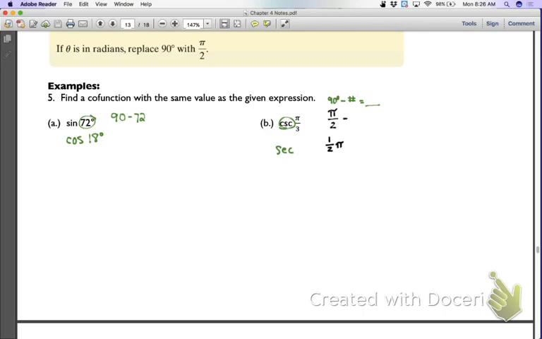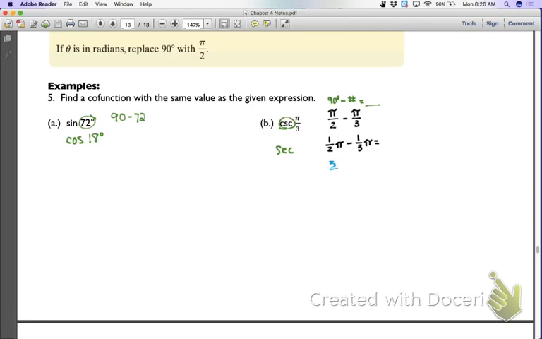Now, I need to subtract pi over 3. That's the same thing as subtracting 1/3 pi. For me to actually subtract fractions, what do I have to have? A common denominator. So what's the common denominator between 1/2 and 1/3? 6, right?